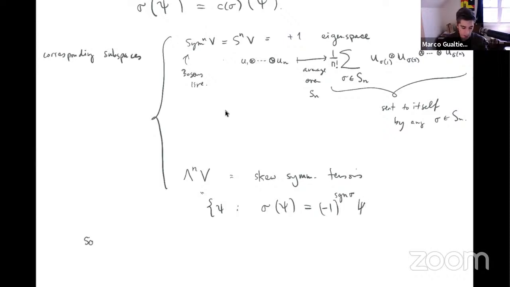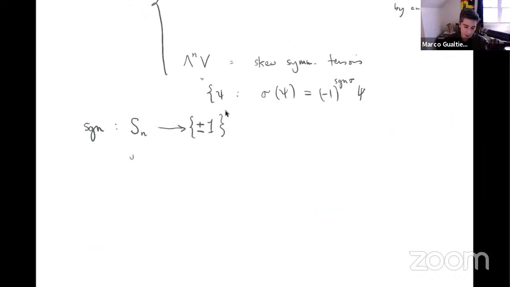So the sign of a permutation, the way you should think of it is that it's a group homomorphism from Sn to the Z mod 2Z plus or minus 1 group.